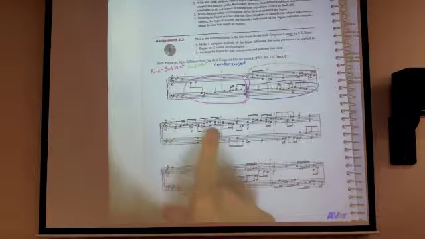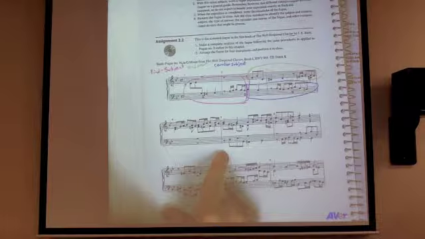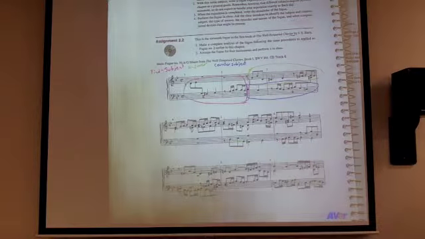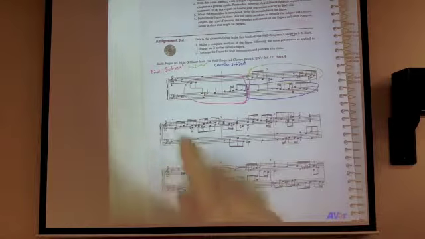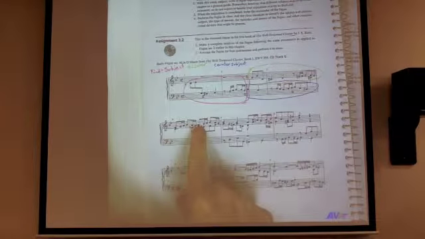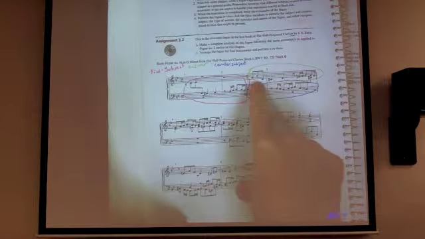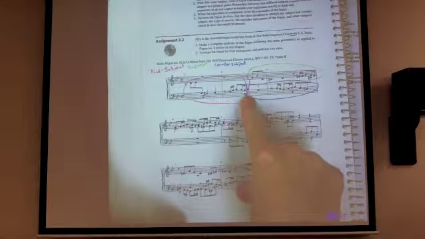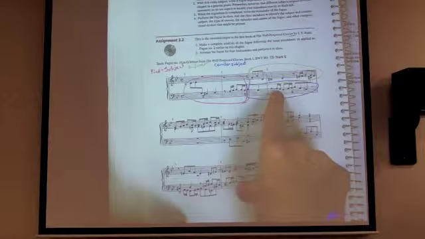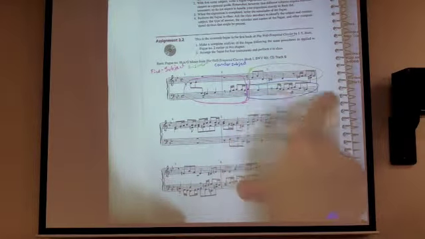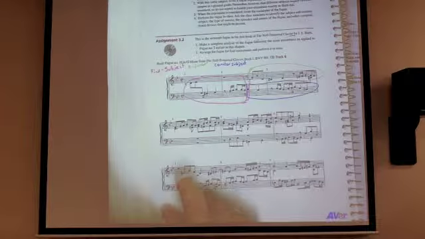And then it looks like we've got some bridge material before it comes back. So here's our counter subject right there.